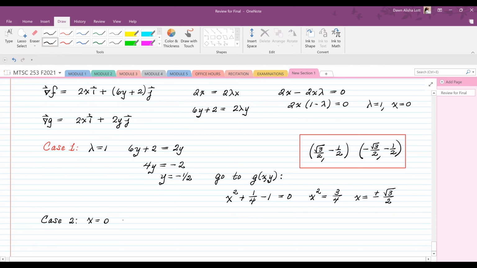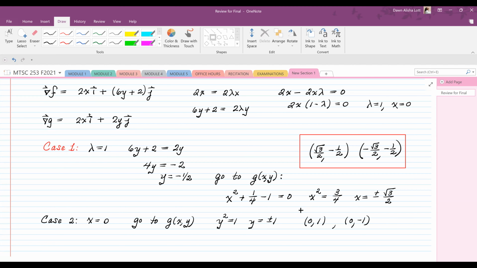So then if x is 0, you go to g again and solve for y. y squared is equal to 1, so y is equal to plus or minus 1. So the other points are 0, 1 and 0, -1. Now you plug all 4 of those into f. Those are the only 4 points you got.